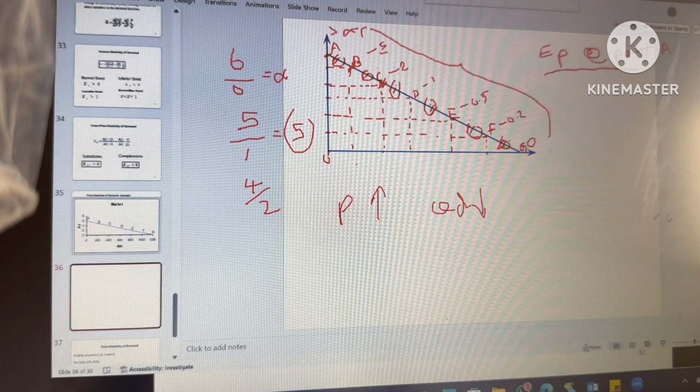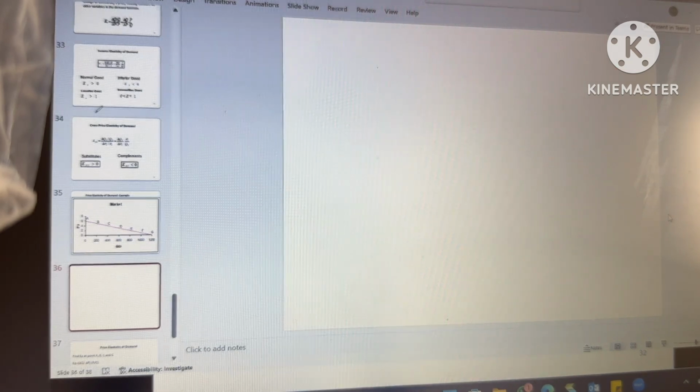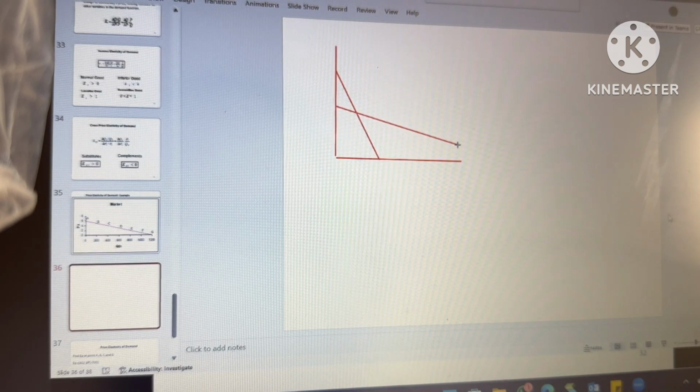So, I'm now going to test your knowledge, right? This is my question. So you take this graph. I name this demand curve as D1, this demand curve as D2, and this common point for both the curves I name as point A, right?